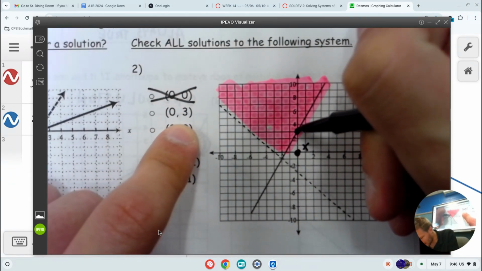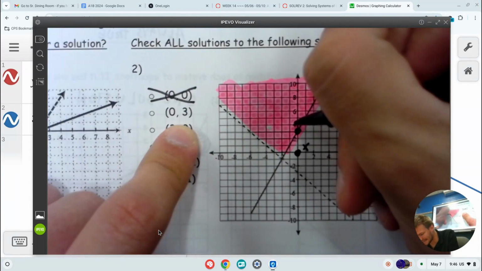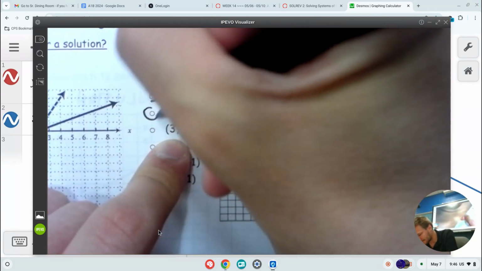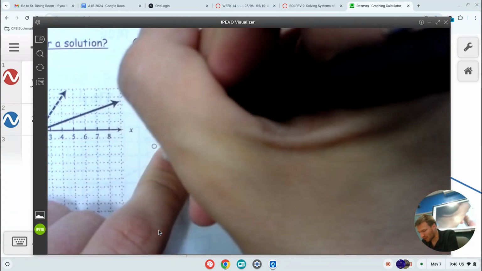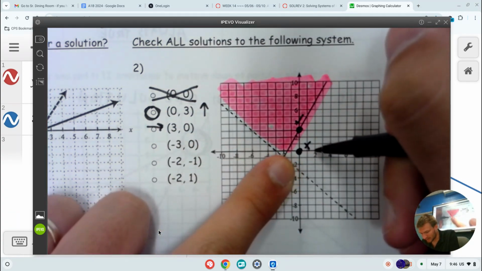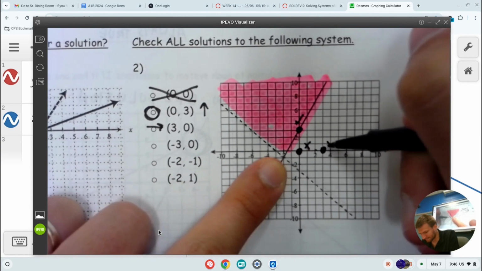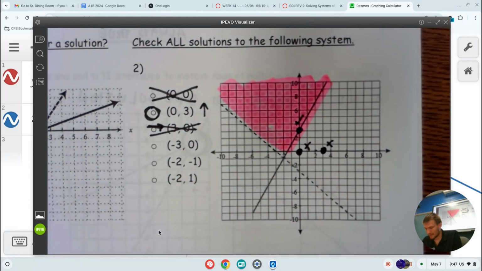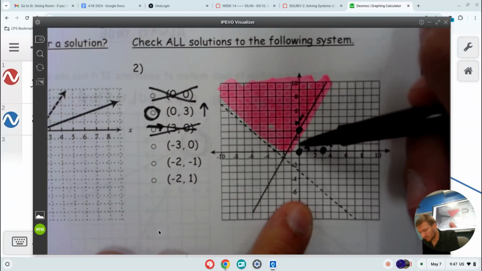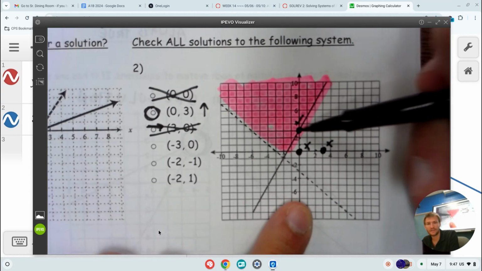That's right here. That is on the solid line. Check. (3, 0) means go to the right 3. That's not even close. Wait, how? Because that means go left and right 0, go up 3. And when I go up 3, I'm right on the solid line.